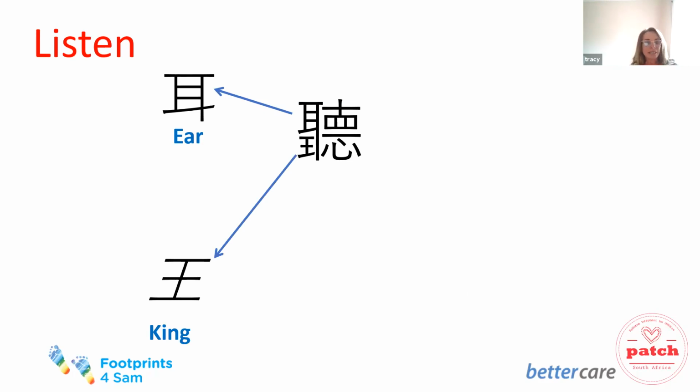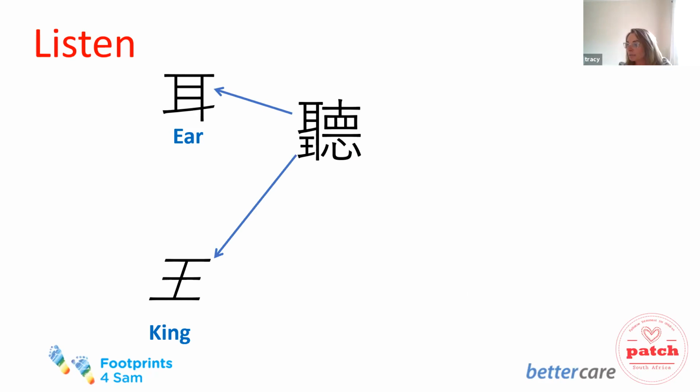And what does a king do? Why do we talk about a king? The king represents the person who pays attention as if the other person was the king. So that puts that person first. So that leads to the aspect of patient-centered care. They are putting the person first.